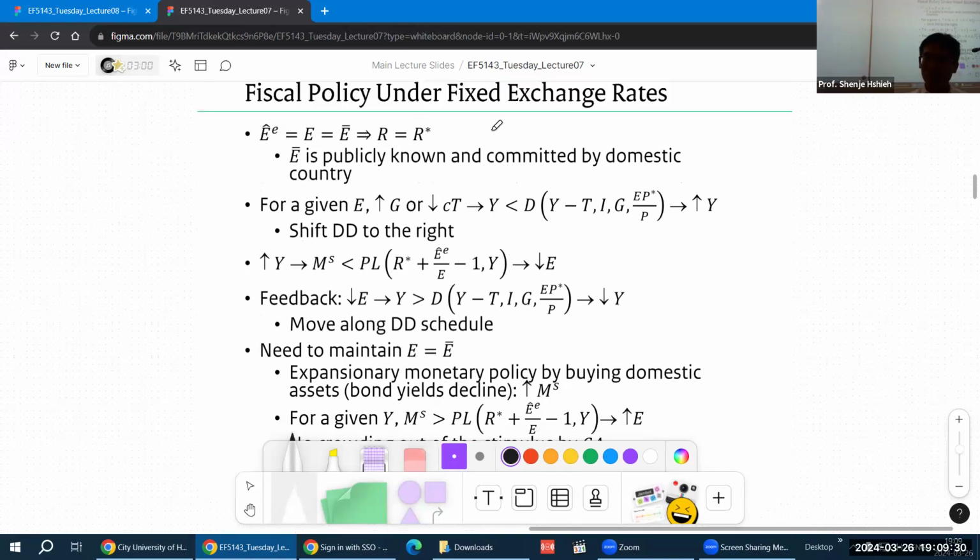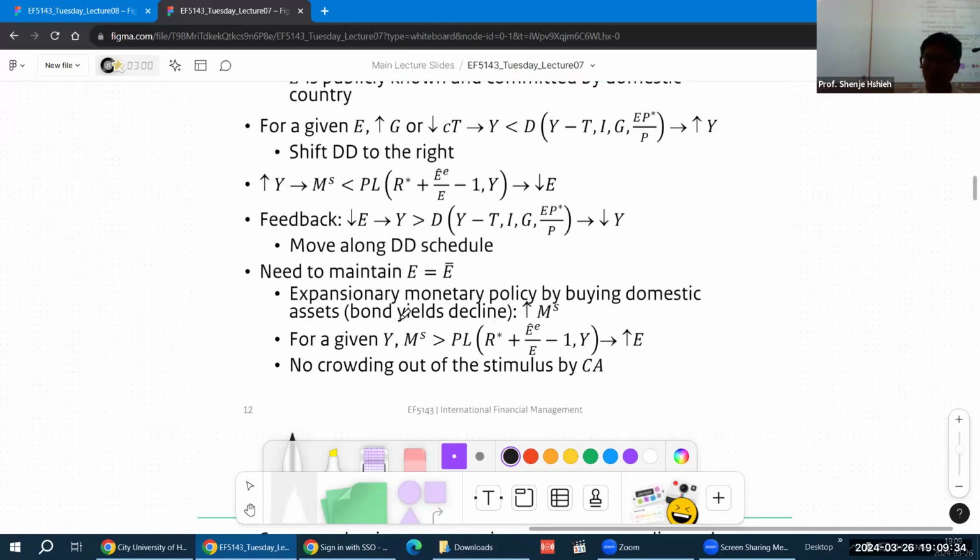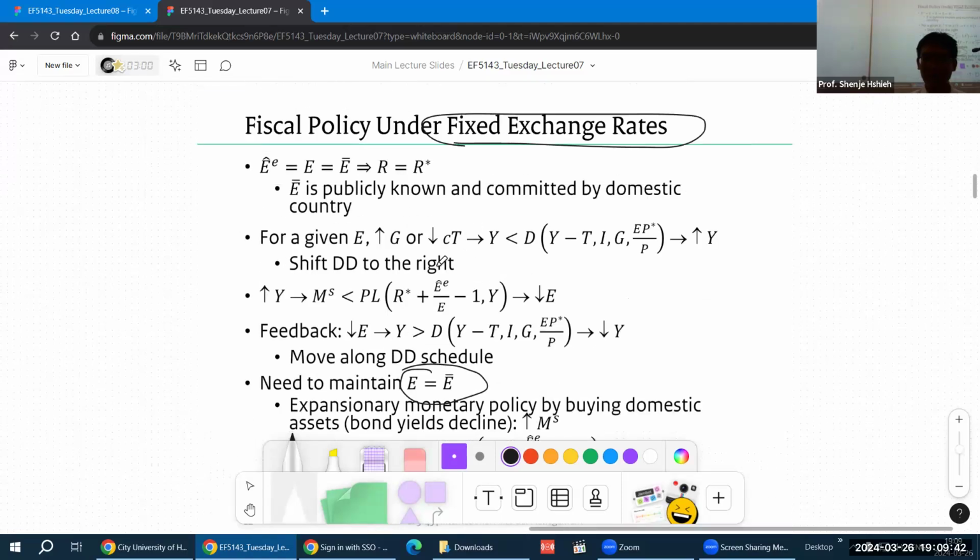But in doing so, if you decide to maintain a fixed exchange rate, you also have to conduct monetary policy in conjunction to support the fixed E. In this example, we're conducting fiscal policy expansion, which means government spending increases or taxes decrease, which means output increases, but the secondary effect is that the domestic currency gets stronger.